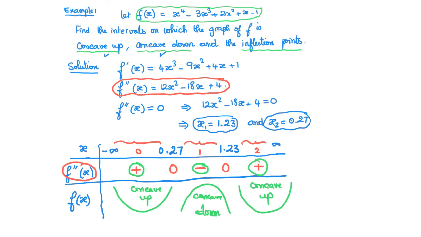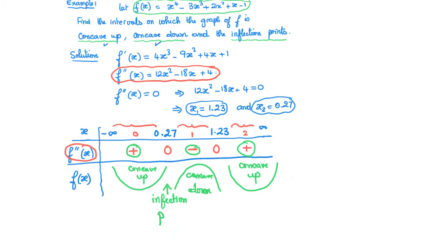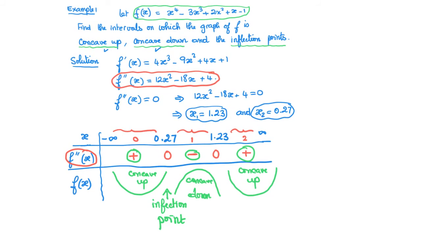Also, I can say from this table that there is an inflection point here, because at that point the graph changes from concave up to concave down. So there is an inflection point here, and there is also a second inflection point at x equal 1.3.